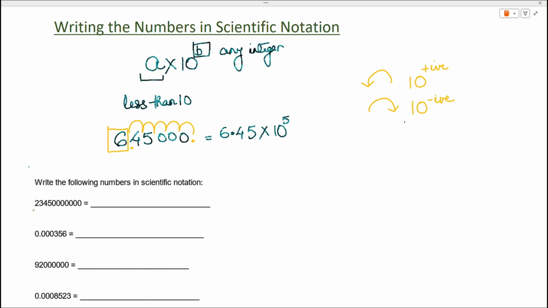You can see that our first non-zero digit is this 2. And the decimal, because we cannot see it written down, is on the extreme right. To bring the decimal after 2, we have to move it 1, 2, 3, 4, 5, 6, 7, 8, 9, 10 decimal places towards the left.